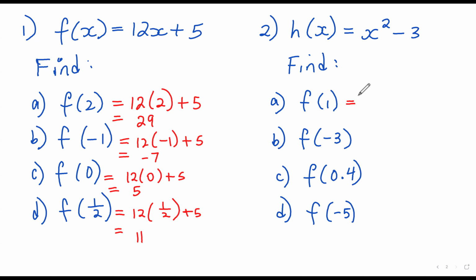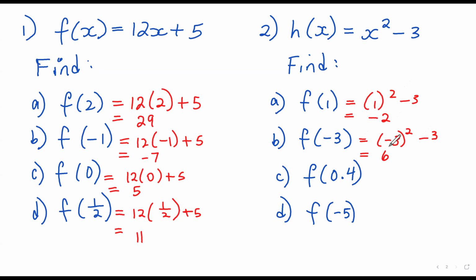Right. So f of 1, that would be 1 squared minus 3, which is 1 minus 3, and 1 minus 3 is negative 2. F of negative 3. Now, guys, here you have to be careful, right? Negative 3 squared will be minus 3 in brackets, all squared, minus 3. So minus 3 times minus 3 is 9, so this will actually be 9 take away 3, which is 6.